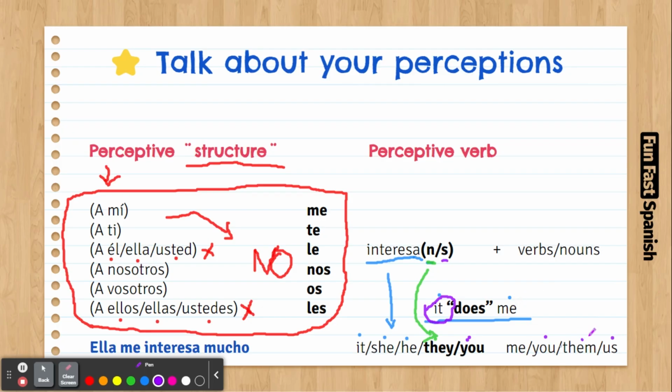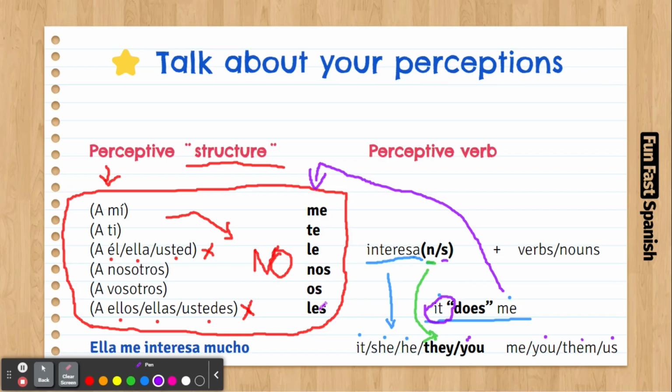So these are the pronouns right here. Me molesta, it bothers me. Te molesta, it bothers you. Le molesta, it bothers her, it bothers him. Nos molesta, it bothers us. Os molesta, it bothers you guys.